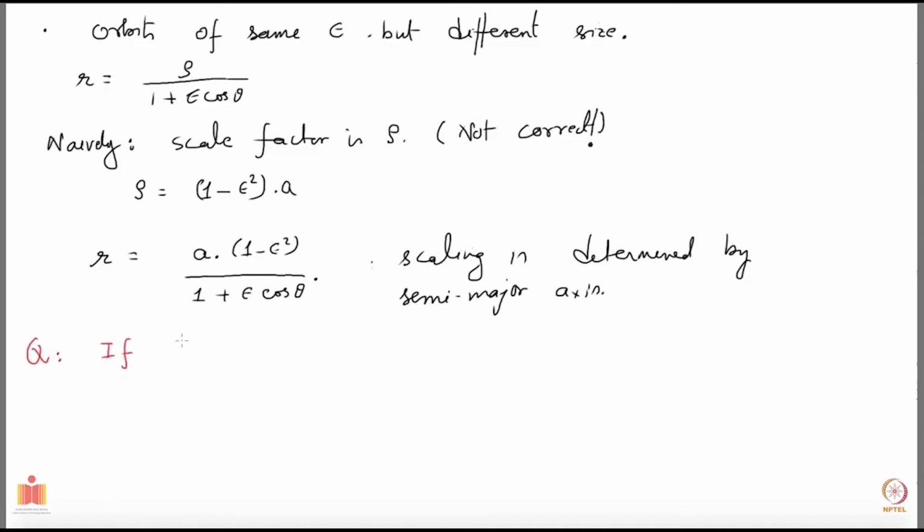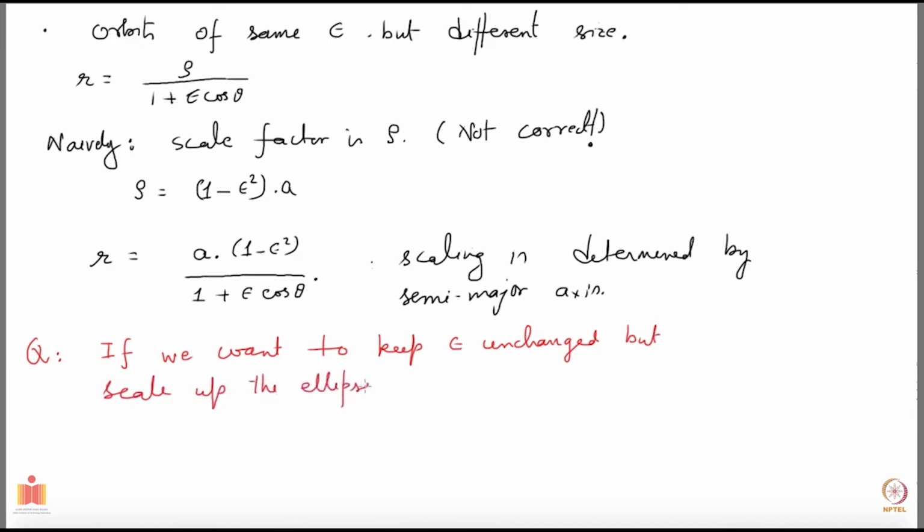If we want to keep epsilon unchanged, but scale up the ellipse by a factor of 2, how should my E and L scale?